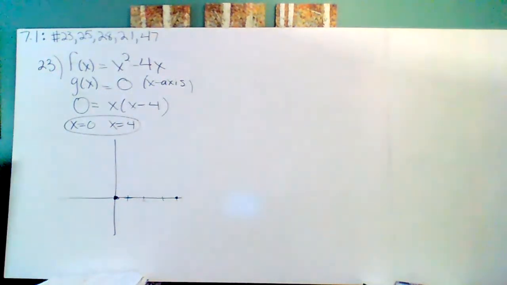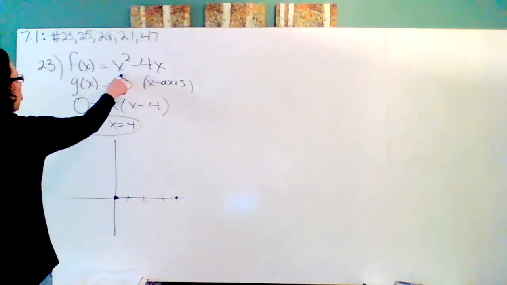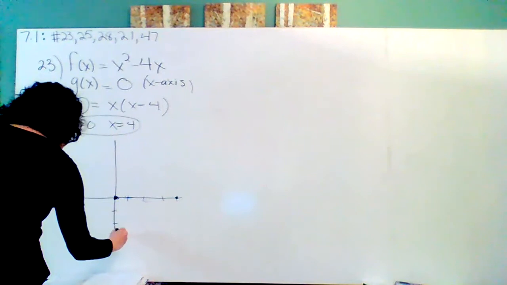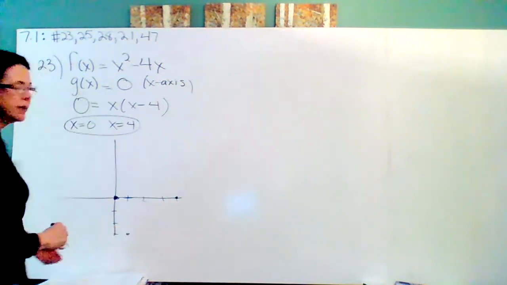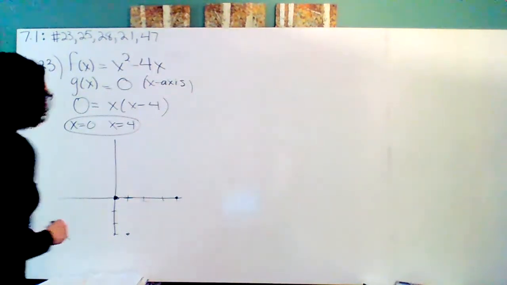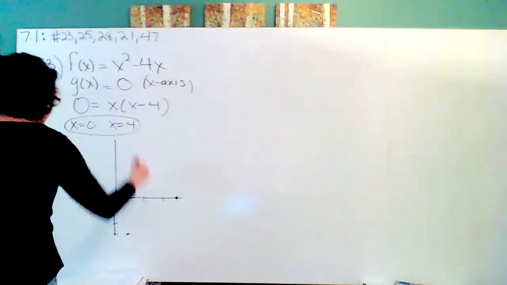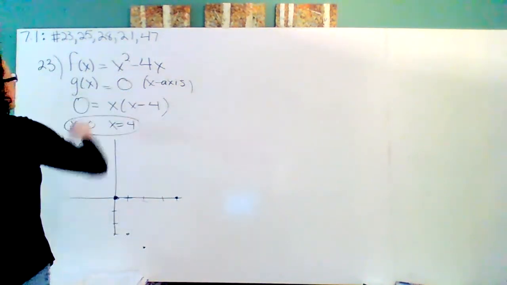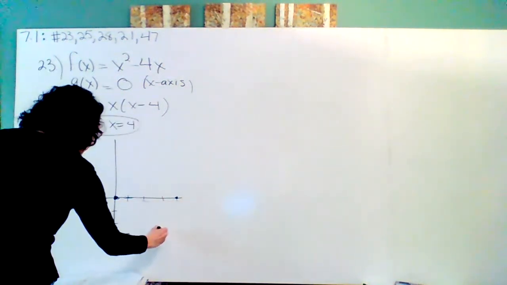When I put in a 4, I also get a 0 out. When I put in a 1, I get a -3 out. Not that you need these, I'm just showing you what the parabola looks like. When I put in a 2, you get a -4 out. When you put in a 3, that's 9 minus 12, you get a -3 out there, right?